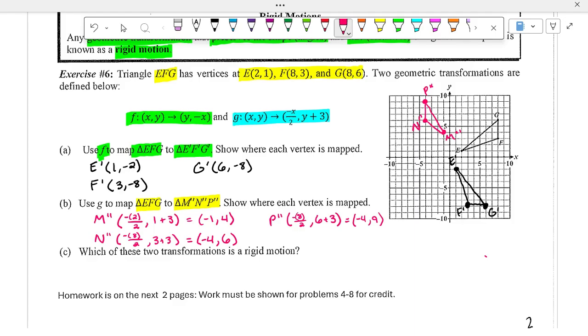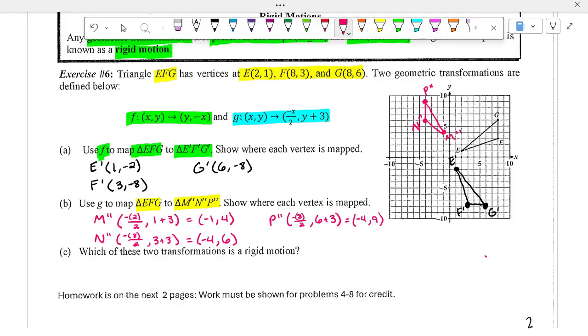3, 2, 1, go. What do you think? Which one's the rigid motion? Which one consistently kept the same size and the same shape? Get your thumb up, you're correct. If you look here, even though the orientation changed, it's still the same size and the same shape.